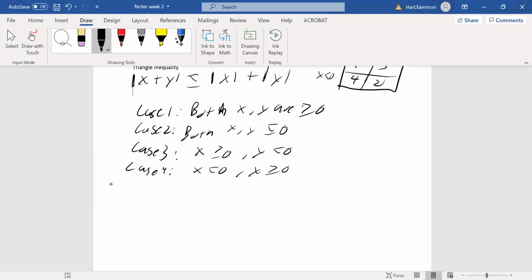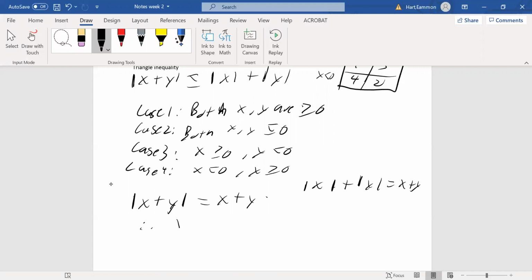So if both x and y are greater than or equal to 0, then the absolute value of x plus y is just equal to x plus y, and x plus the absolute value of x plus the absolute value of y is just equal to x plus y.